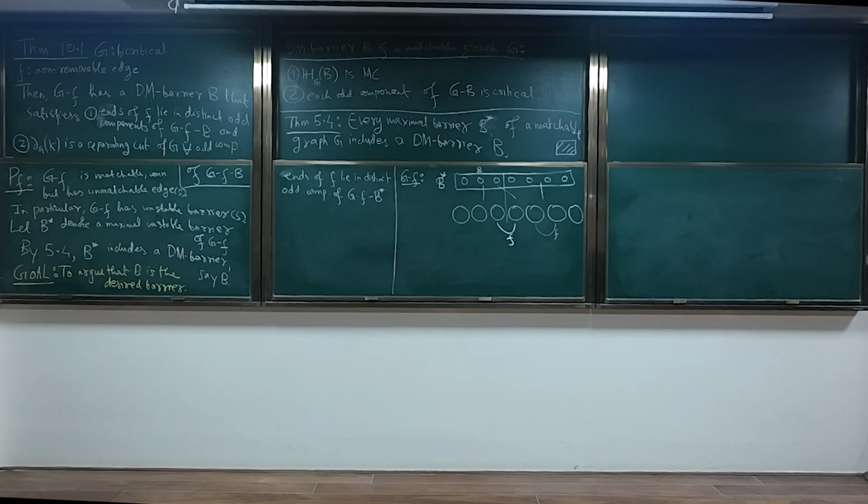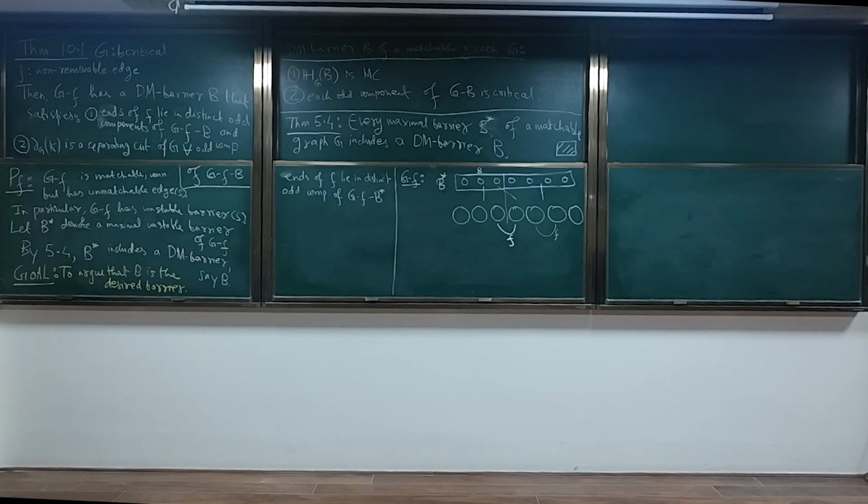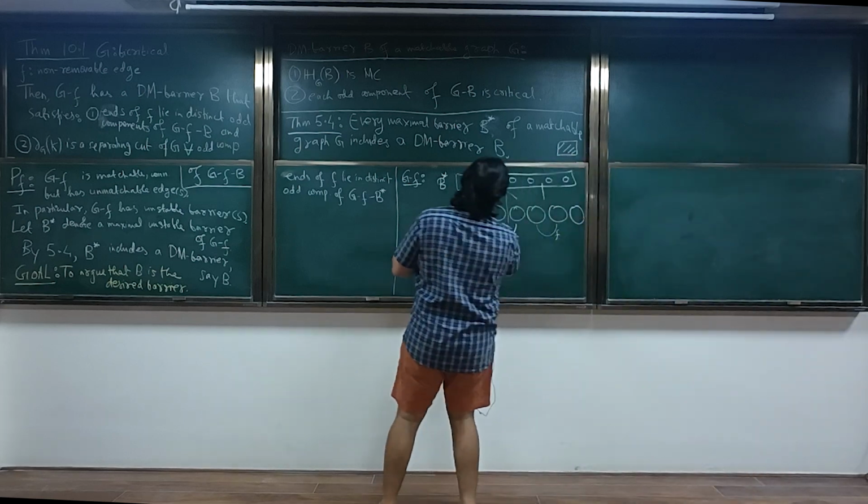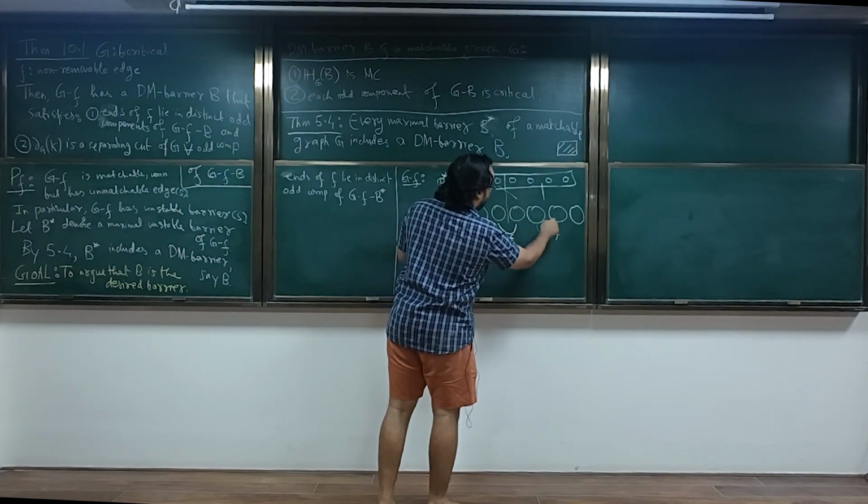And the odd components that were originally odd components with respect to B in G minus F minus B still are odd components. So you added one more vertex and you got at least as many odd components as before. You can always include the end of F that is not here, so either this vertex or either of these two vertices.